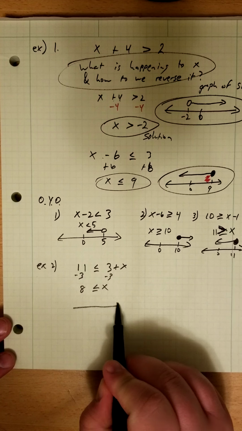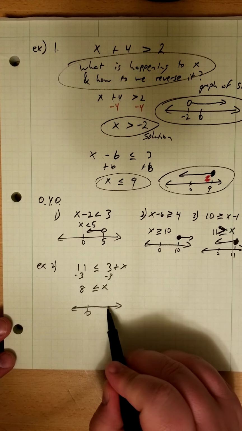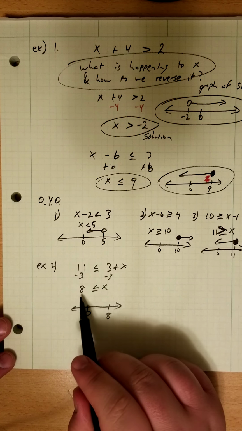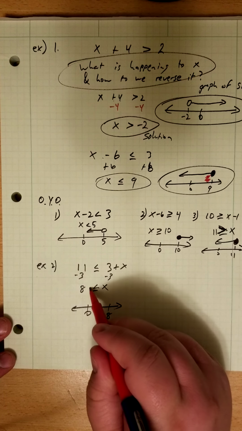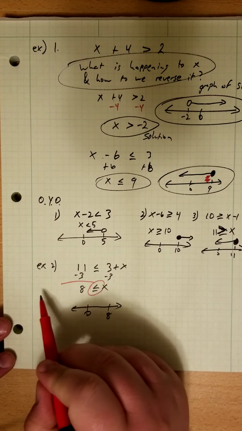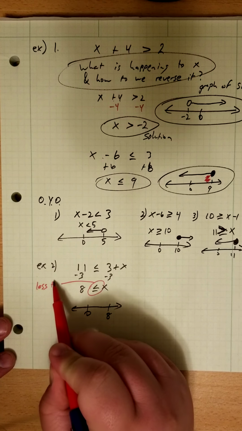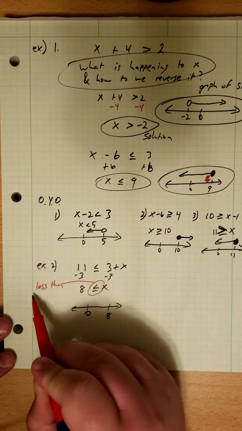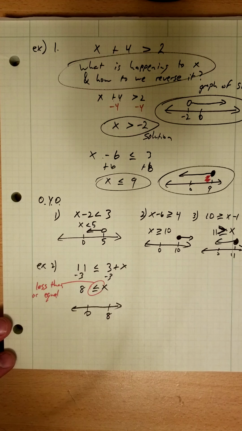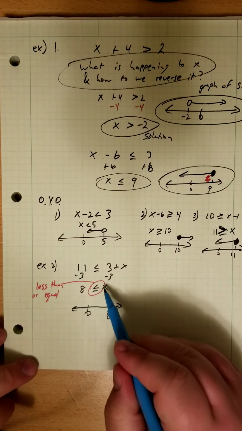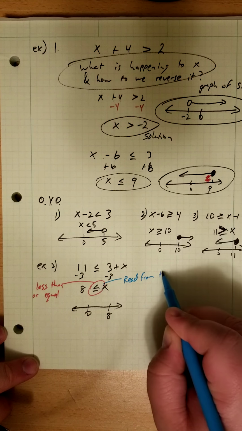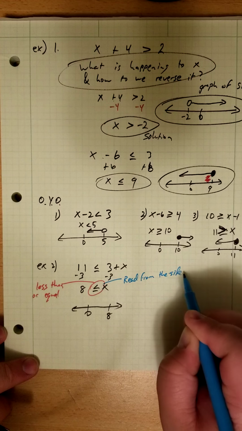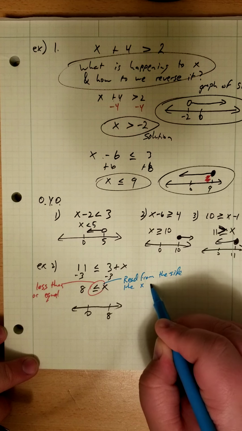So we put a 0, we put an 8, and this symbol right here should be read as less than or equal. However, I'm telling you that you should actually read from the side the x is on.